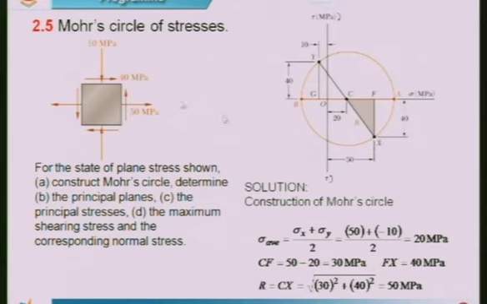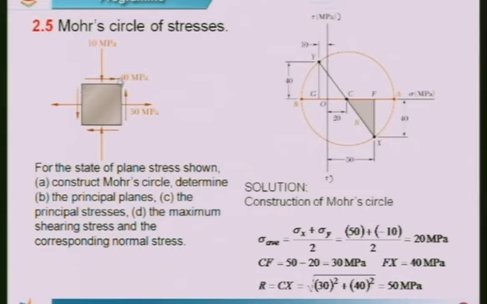Okay. Next, look at this. On this plane we have the normal stress which is acting, which is 10 megapascal, and this is compressive, so it is negative, which we have to plot to the left of the origin. From O you move by a distance 10, which is indicated here. So we get the point G. Then the shearing stress acting on this is equal to 40 megapascal, which makes the body rotate in the clockwise direction.